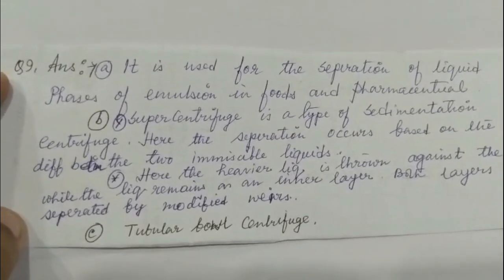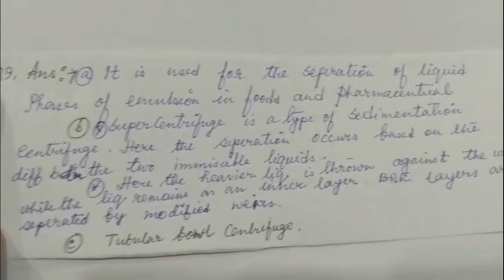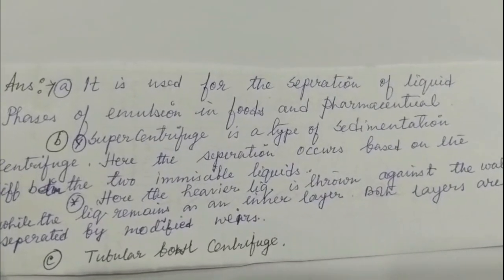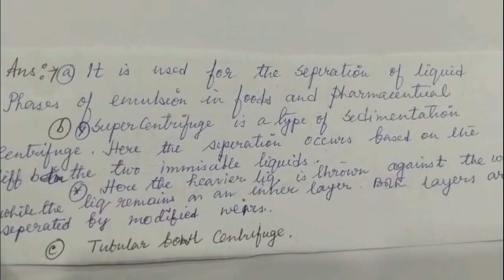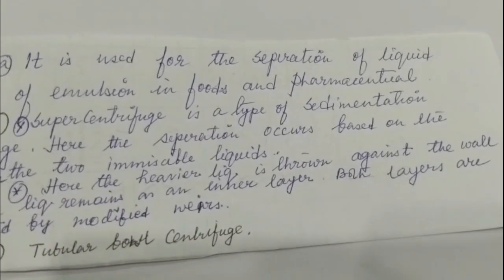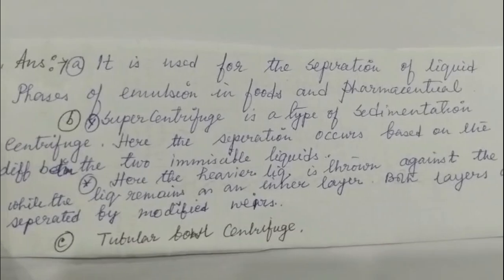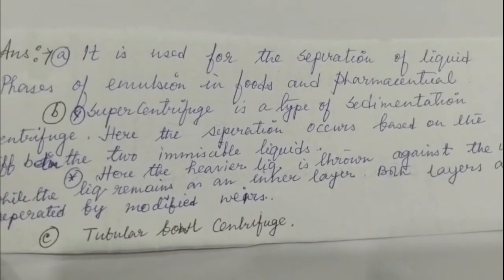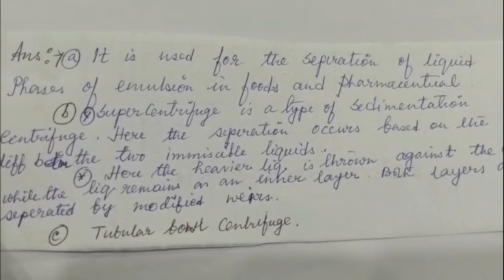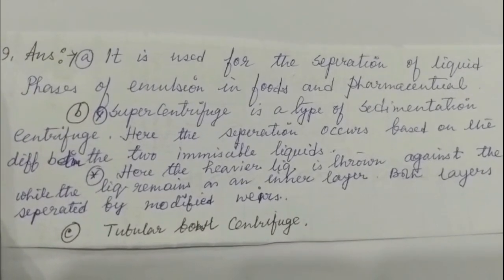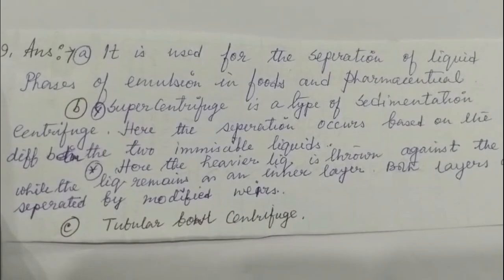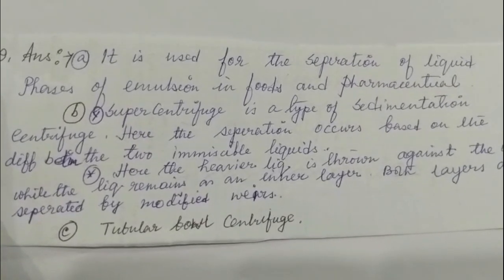The heavier liquid is thrown against the wall, while the lighter liquid remains as an inner layer. Layers are separated by modified weights. And what is the variant of super centrifuge? Tubular bowl centrifuge is one of the variants of super centrifuge.